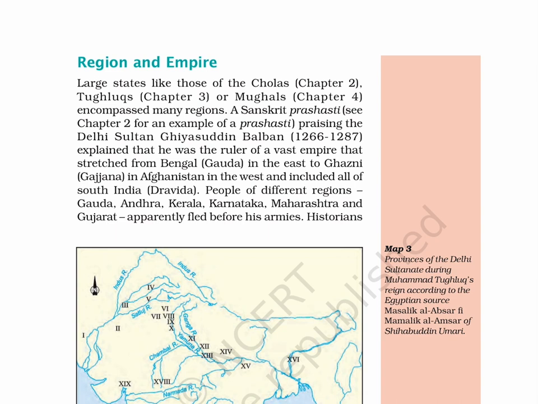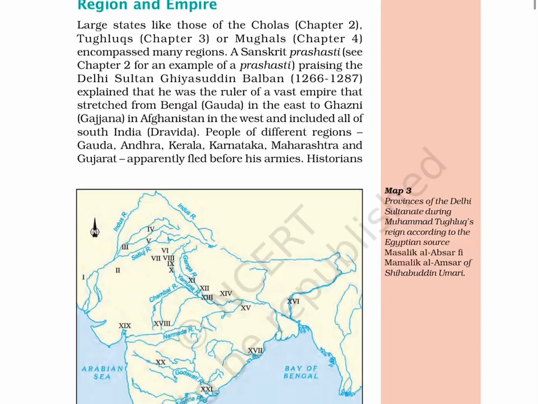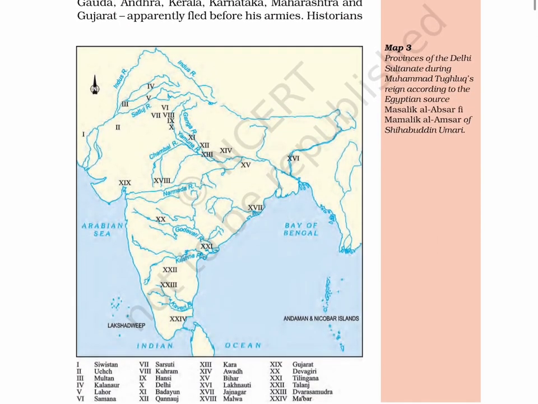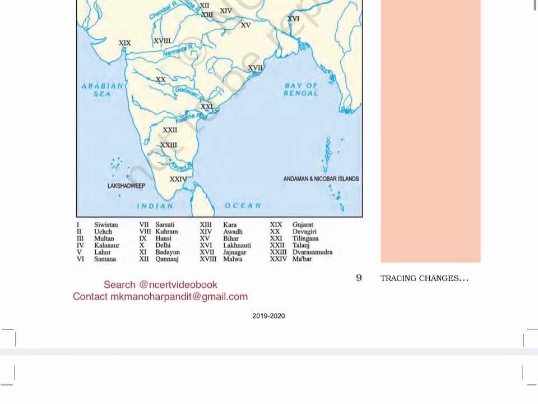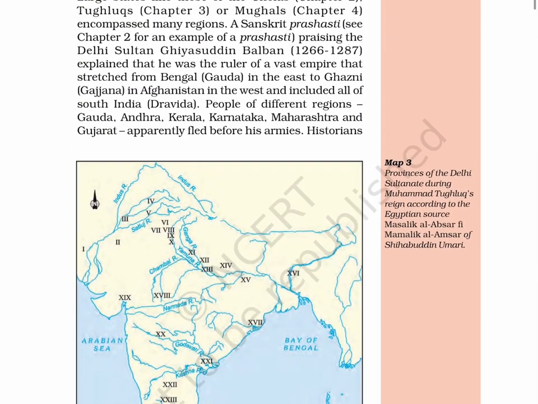A Sanskrit Prashasti, see Chapter 2, praising the Delhi Sultan Ghiyasuddin Balban, who ruled between 1266 and 1287, explained that he was the ruler of a vast empire that stretched from Bengal or Gauda in the east to Ghazni or Gajjana in Afghanistan in the west and included all of South India, Dravida. People of different regions, Gauda, Andhra, Kerala, Karnataka, Maharashtra and Gujarat, apparently fled before his armies.